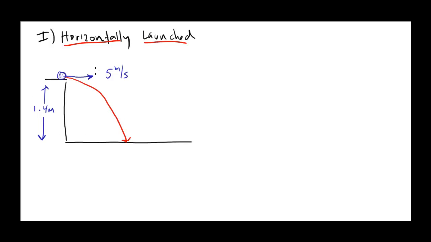And the question is, what's the range of the ball? Whenever we see this word range, this should immediately clue us in that we're looking for delta x. That's this distance right here. We'd like to know that delta x.